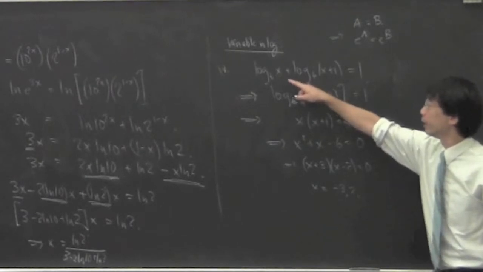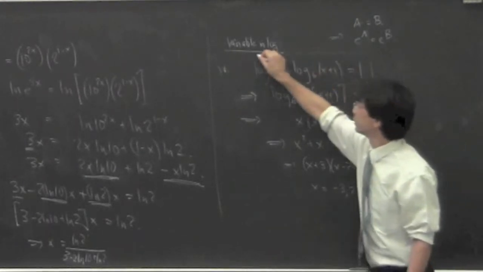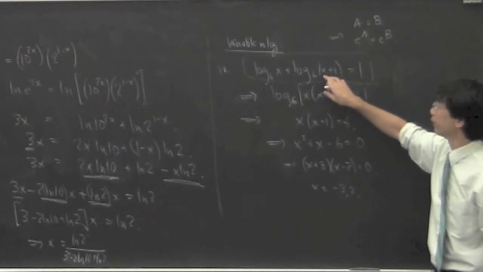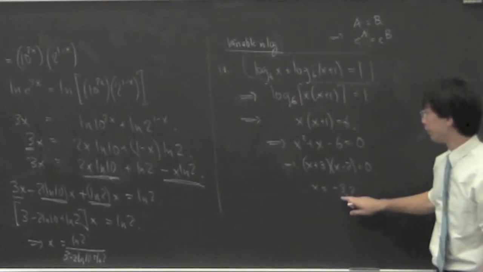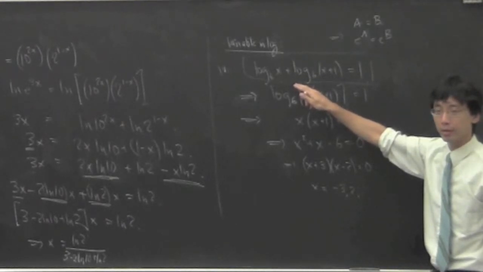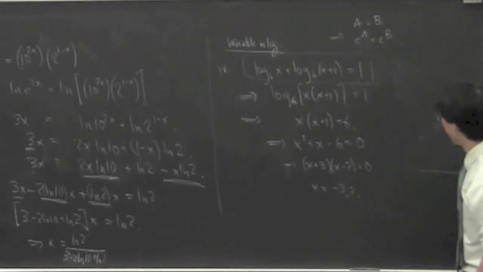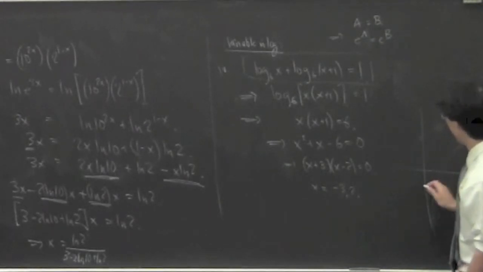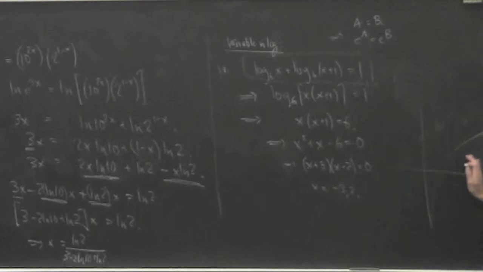Because we want it to satisfy this equation: log of x plus log of x plus 1 should be 1. But if we put in a -3 there, we get log of -3. There is no log of -3. Remember what the log function looks like: the log function is defined on positive real numbers.